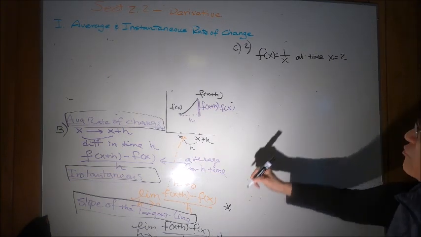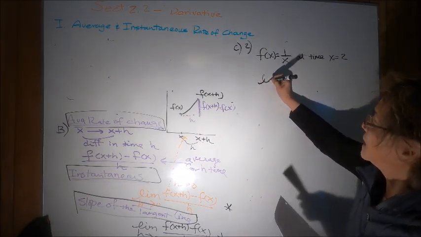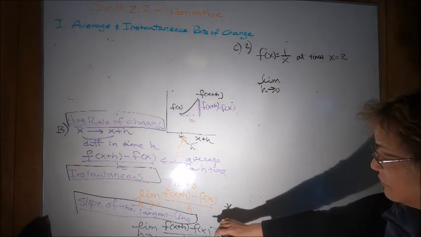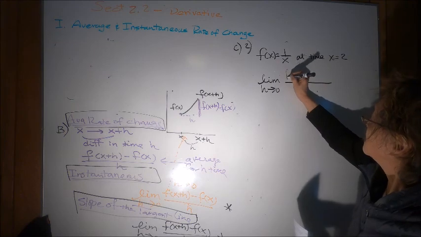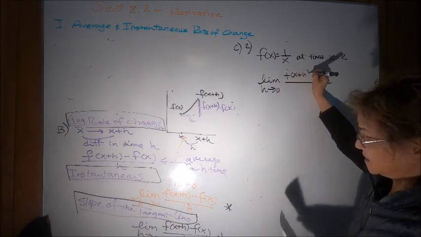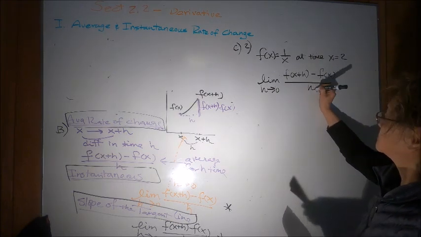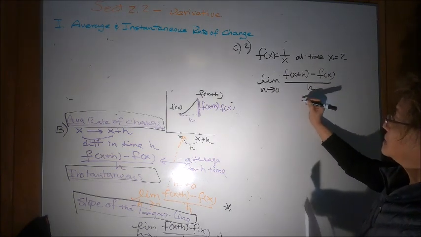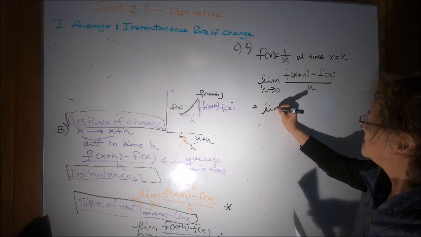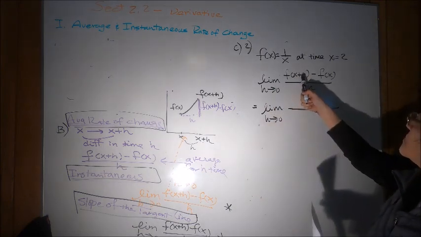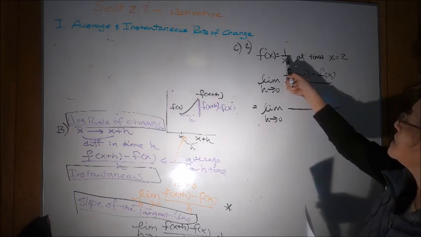You use the formula. So you have what? Limit h approaches 0 of f of x plus h minus f of x, over h, right? Then you plug in x plus h in place of x.